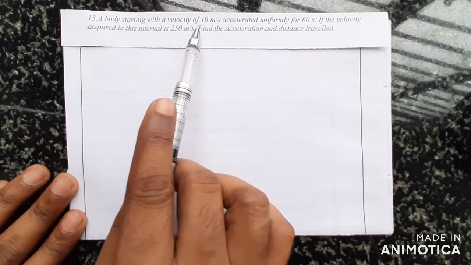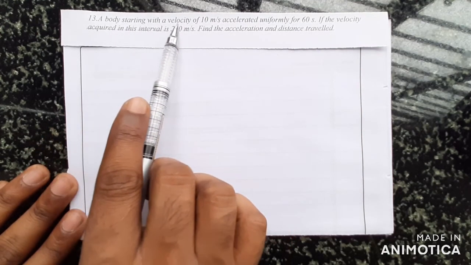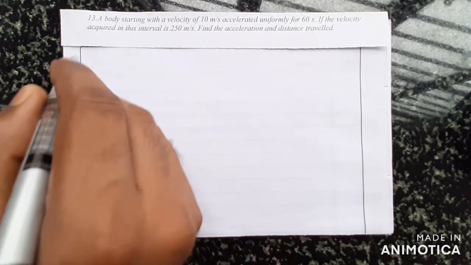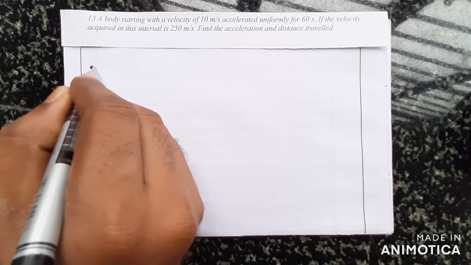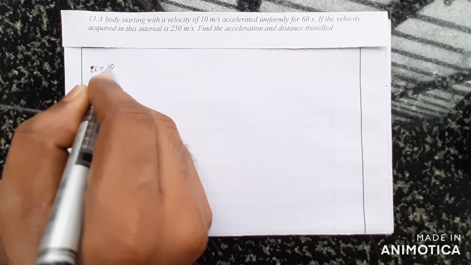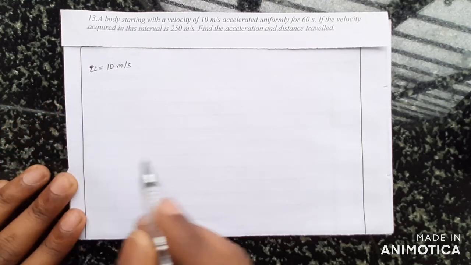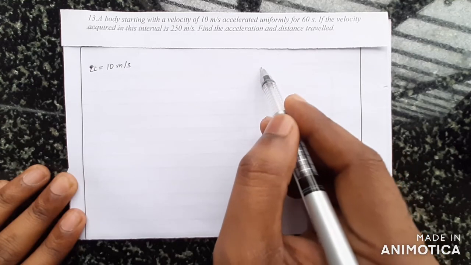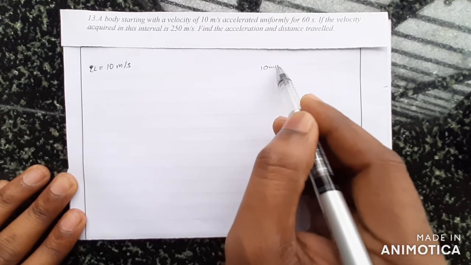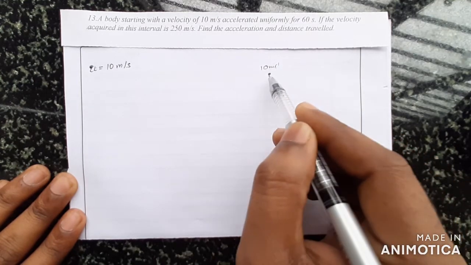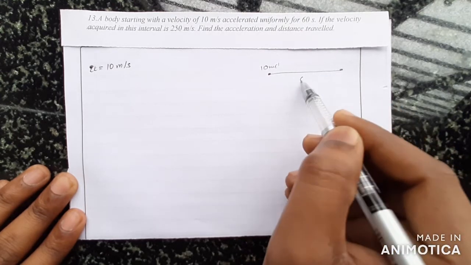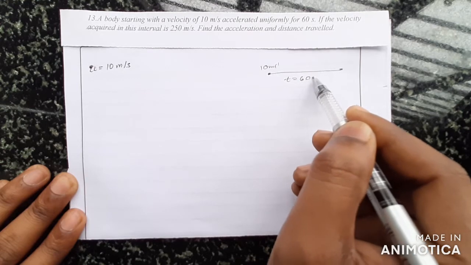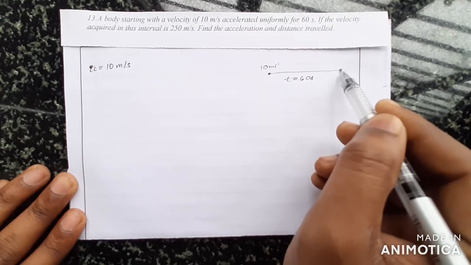The first given factor is easy. A body starting with the velocity of 10 meter per second, which is u, the initial velocity of the body, is 10 meter per second. Then from 10 meter per second, the body uniformly accelerates for 60 seconds, so time t is equal to 60 seconds.